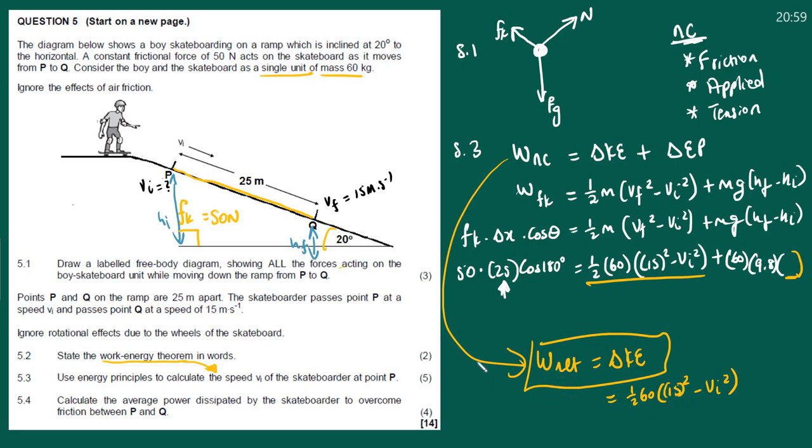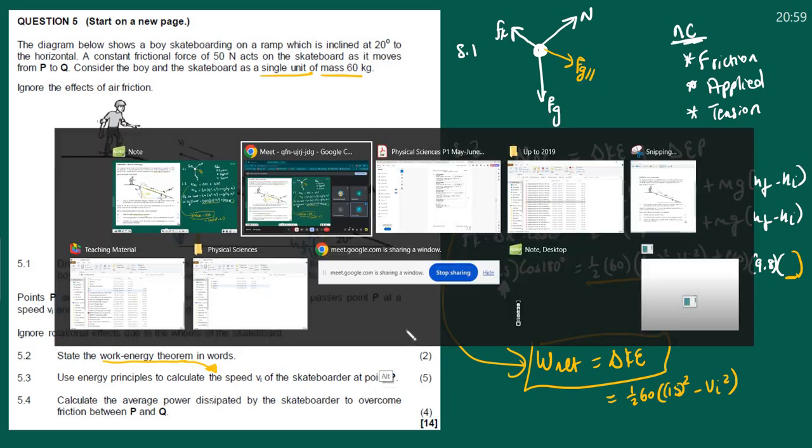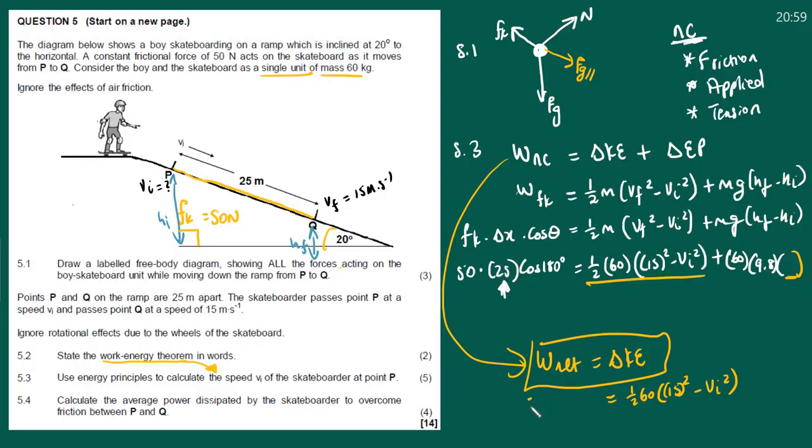However, for WNet now, you need to find the net force. To find the net force, you must recognize that here there is FG parallel. Then you'd say Fnet, change in X, cos, remember you'd use 0 degrees.